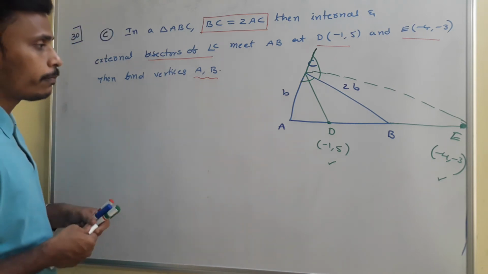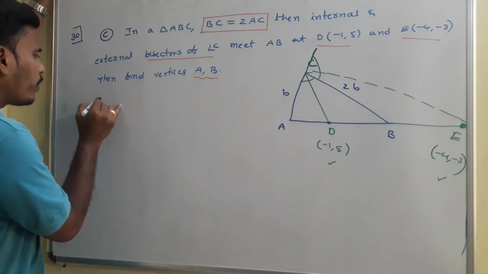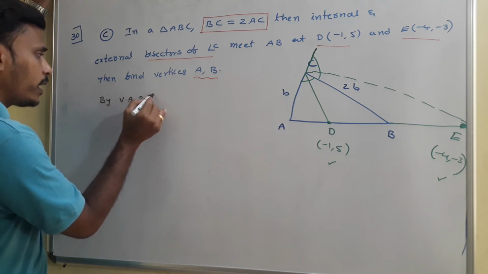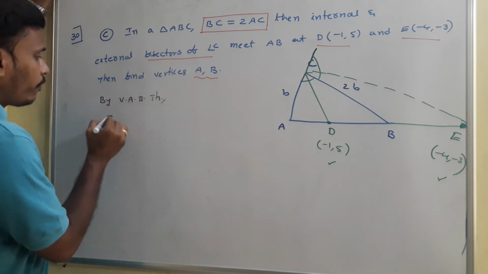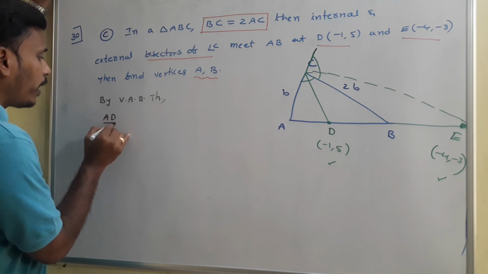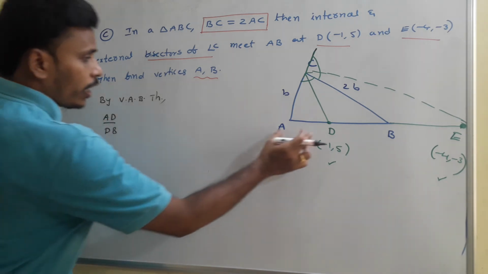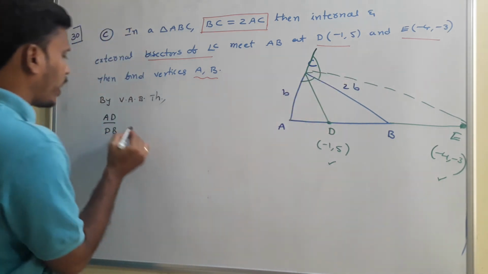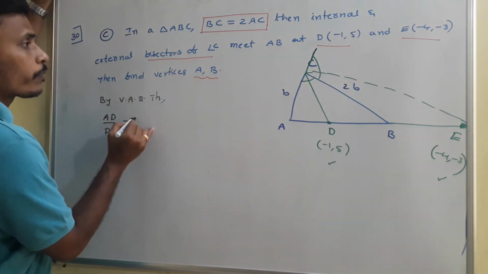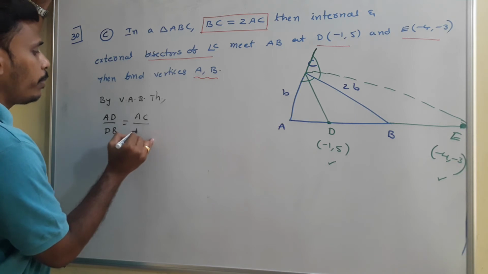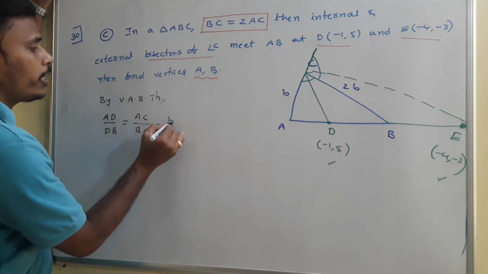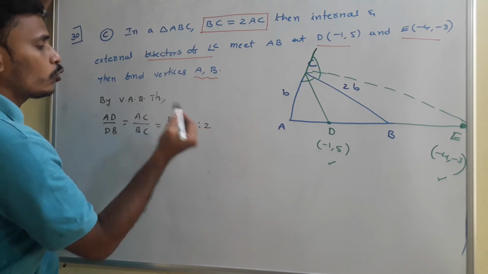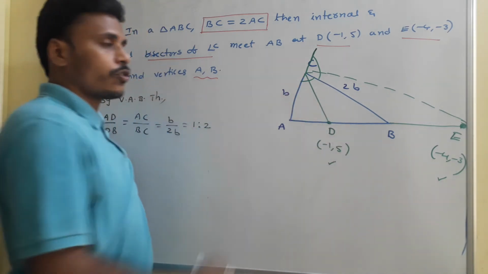As we discussed in the previous problem, by the vertical angle bisector theorem, AD by DB, the ratio of these two parts, is equal to the ratio of these two sides, AC by BC, and that is b by 2b, which is equal to 1 is to 2. This ratio is 1 is to 2.